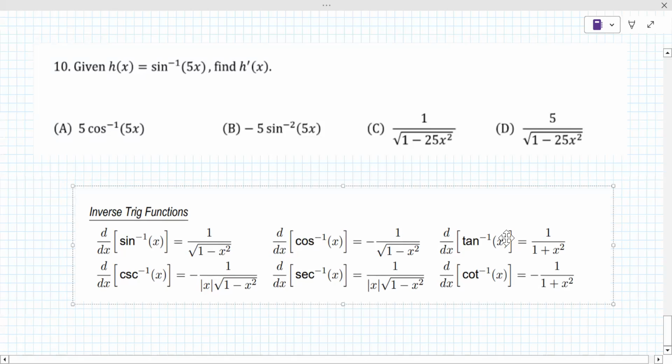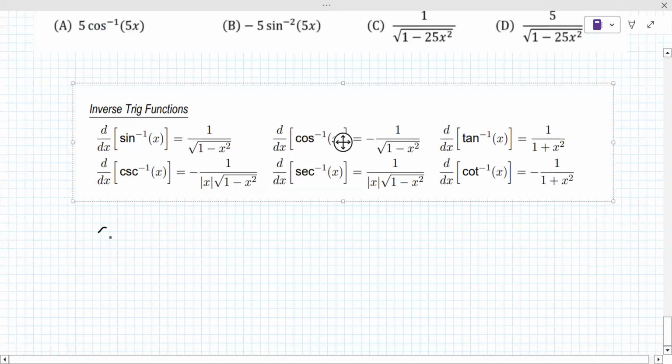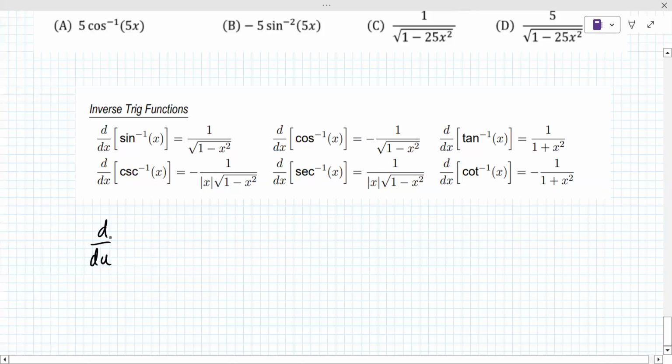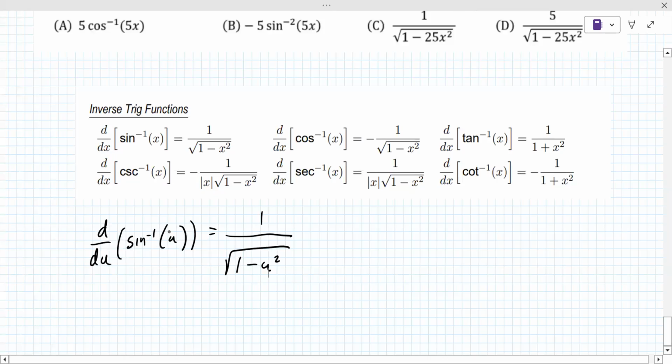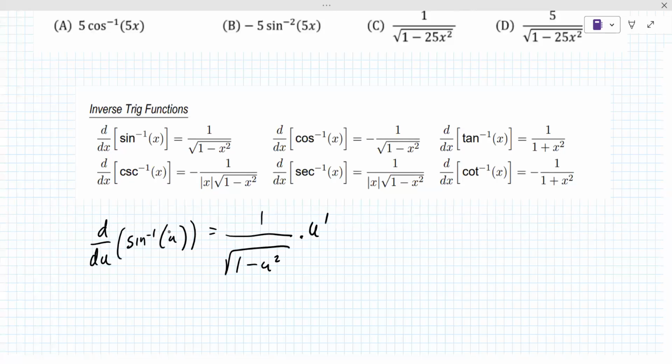But all of these are really chain rule. I guess students don't see this very often in the classroom. Your derivative is really 1 over the square root of 1 minus u squared, whatever you have inside parentheses, times u prime.